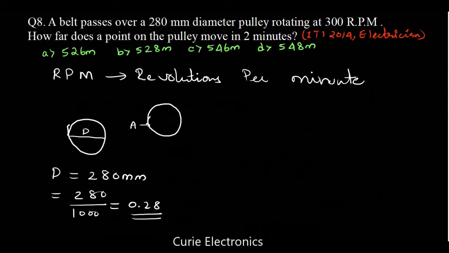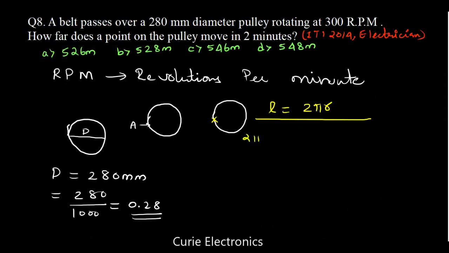So what we can do is, if you cut open this pulley and stretch it, what do we get? We get a line, with length equal to 2 pi r. That is the circumference of a circle.